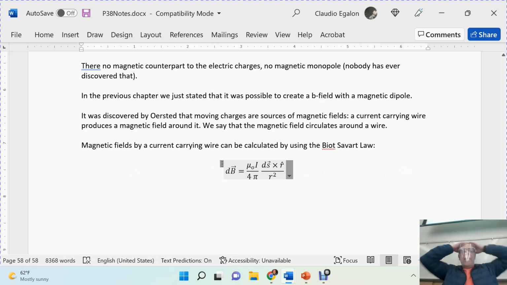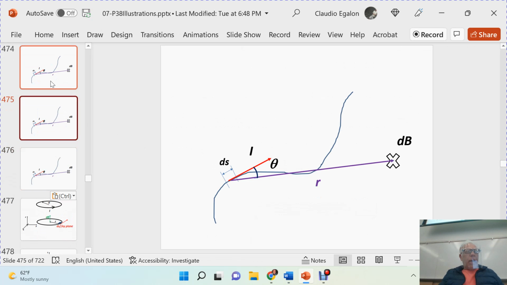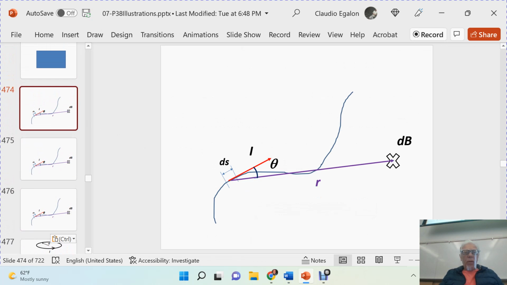This ds here is the small section of your wire. So how do you calculate that? Let's go step by step here. We're gonna get a generic wire first.